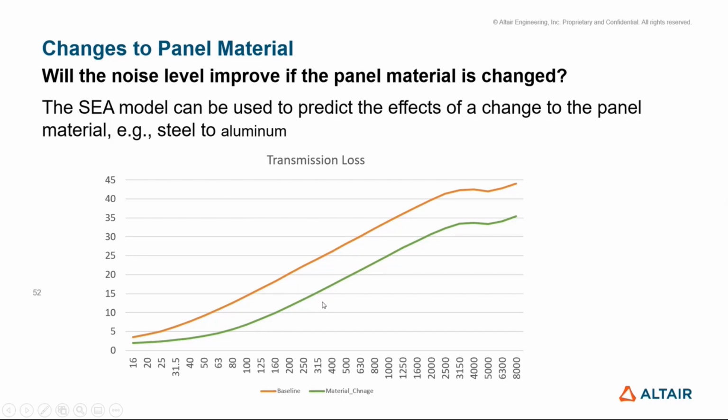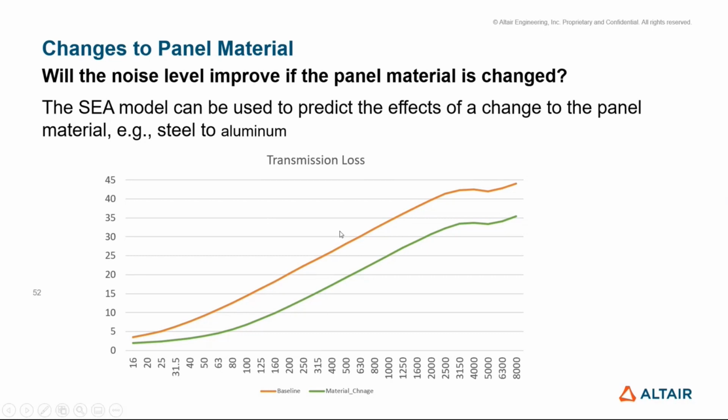You can see that the transmission loss deteriorated by almost 5 to 6 dB by just changing from steel to aluminum. This clearly shows that because of the lesser density, more sound energy is entering into the cabin. So in this way, you can do some quick studies and understand how changing the panel behavior affects the result. These are a few examples.